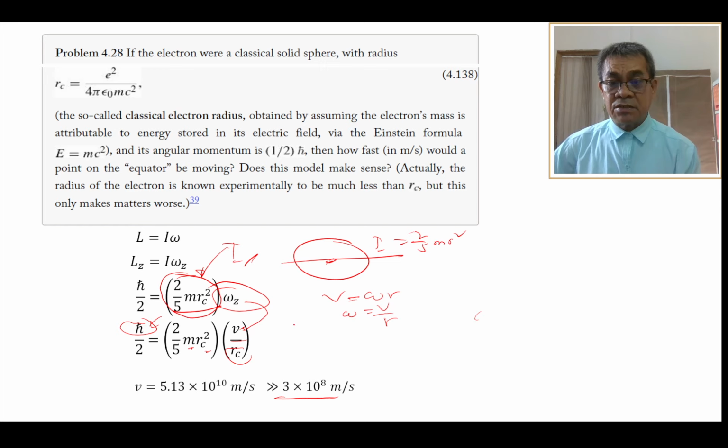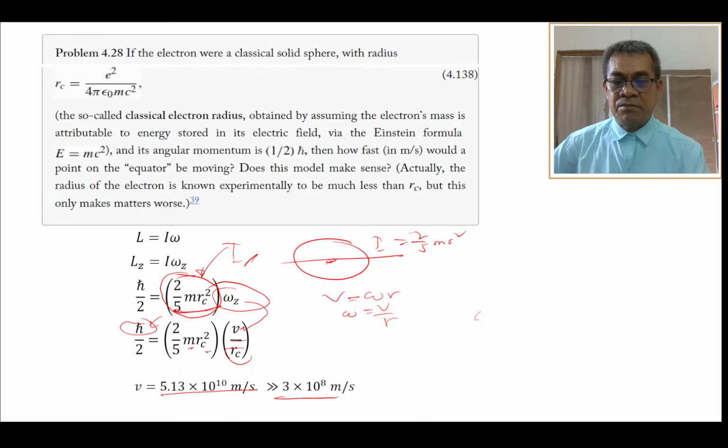Now, this result shows that the electron has a velocity of 5.13 times 10 to the 10. And remember that the electron has mass, meaning it cannot compete with photons.